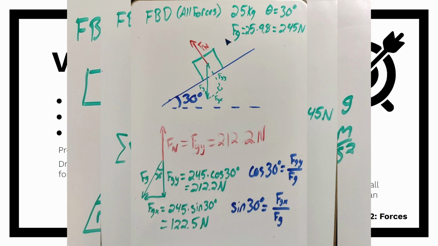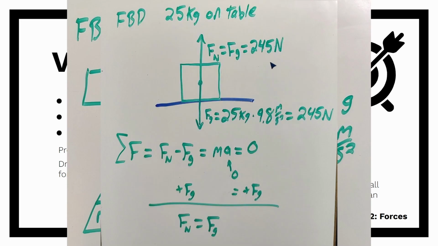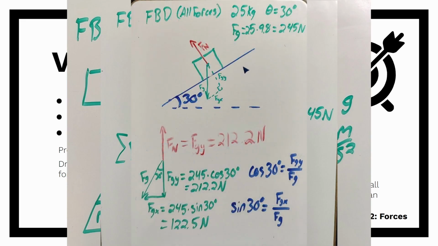So this one, right? We just found the force of gravity, 245 newtons. And that's the one that's straight down. But to find the y and the x direction, you just multiply by cosine of 30, sine of 30, and I rewrote these equations, right? Cosine of 30 is y over fg, sine of 30 is x over fg.